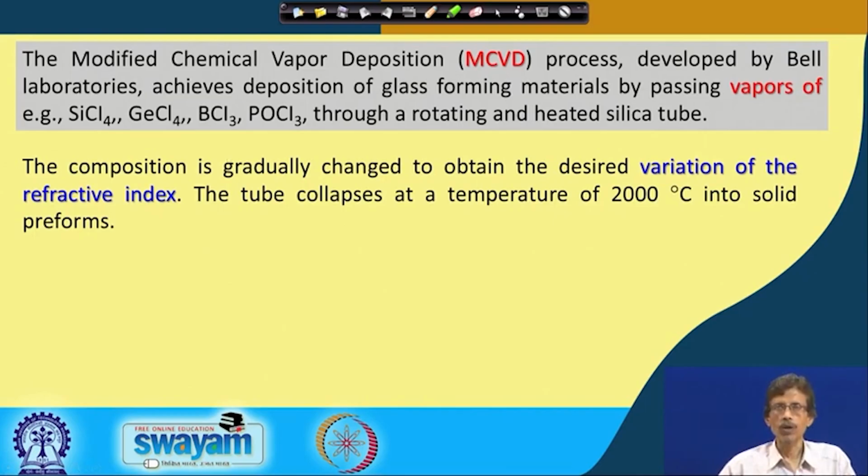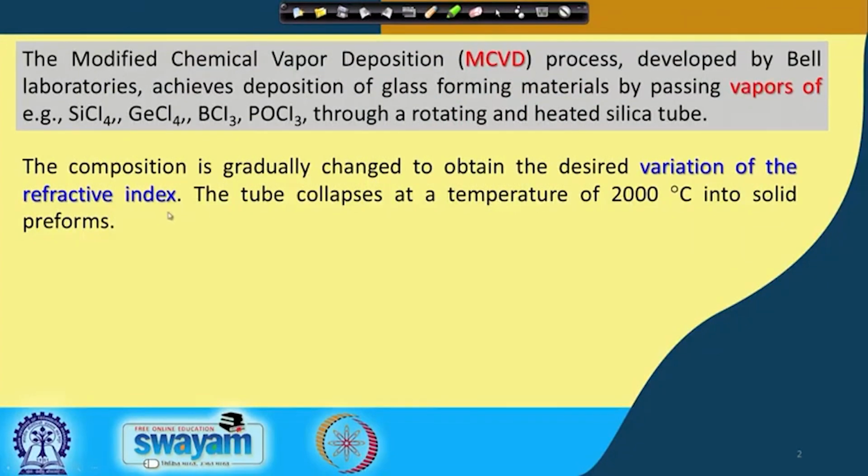That is important because we want total internal reflection when the signal is passed through that optical fiber, where the signal is in the form of light. We only expect total internal reflection such that no loss occurs in terms of refraction or reflection. So a desired variation of the refractive index can be obtained.